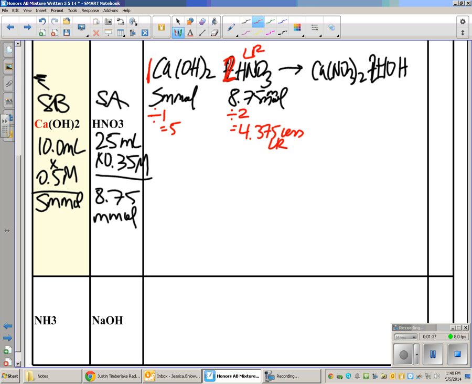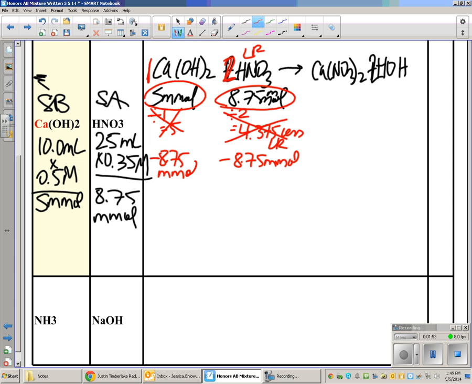You subtract all of the original value, minus 8.75 millimoles. You ignore this mess now, it's just there to help you figure out who your LR is. Same thing with this, ignore. Take your original value minus 8.75 millimoles, but the coefficients tell you the way in which they react.